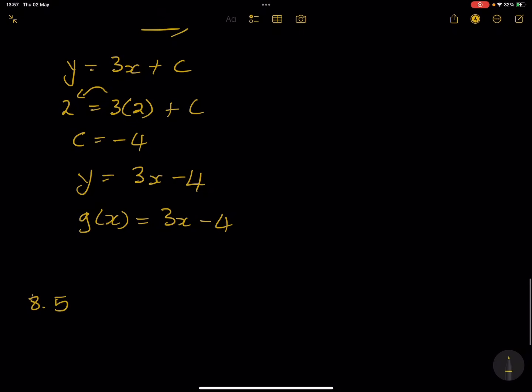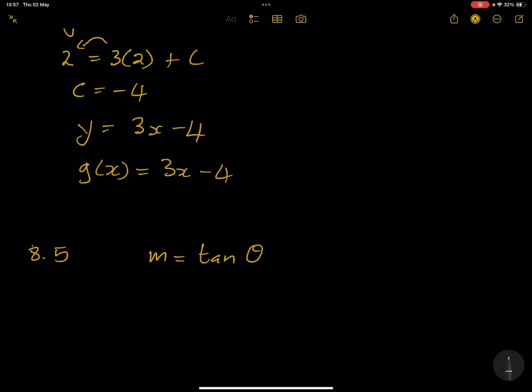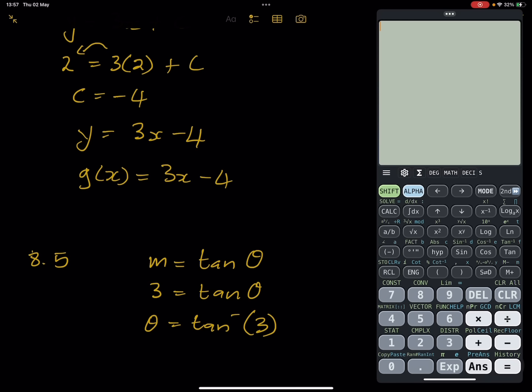We know that m is equal to the tan of theta. So m is the gradient, so that's 3 equal to tan of theta. And to get the angle theta, that's the arctangent of 3. So shift tan. Please make sure that your calculator is in degrees.